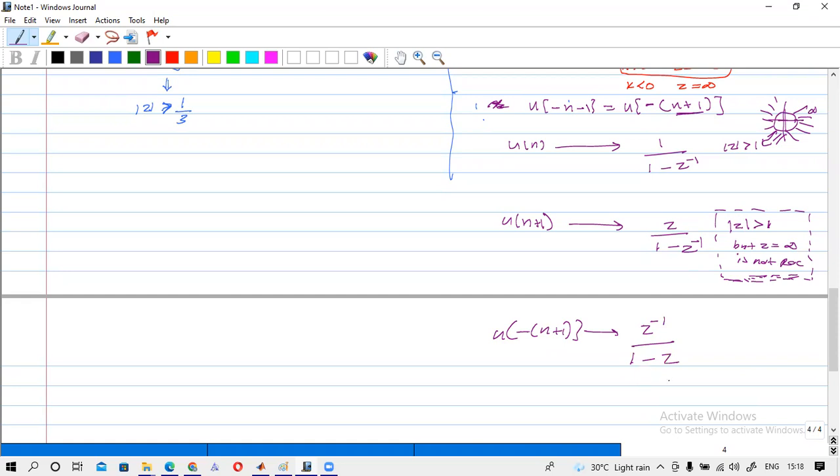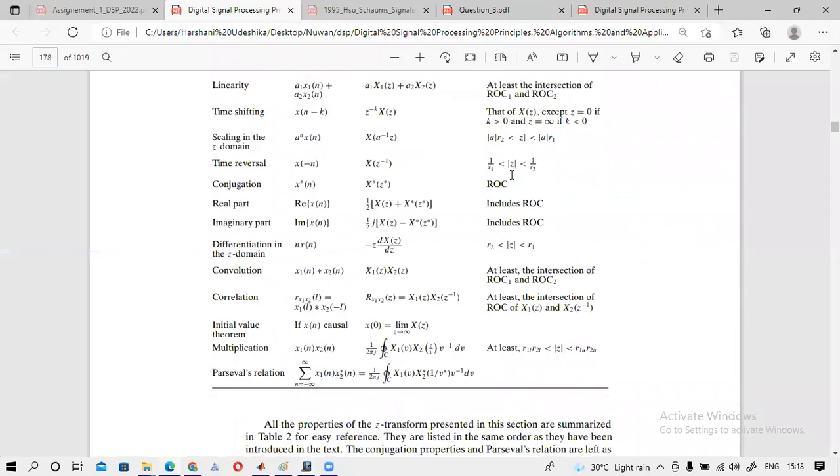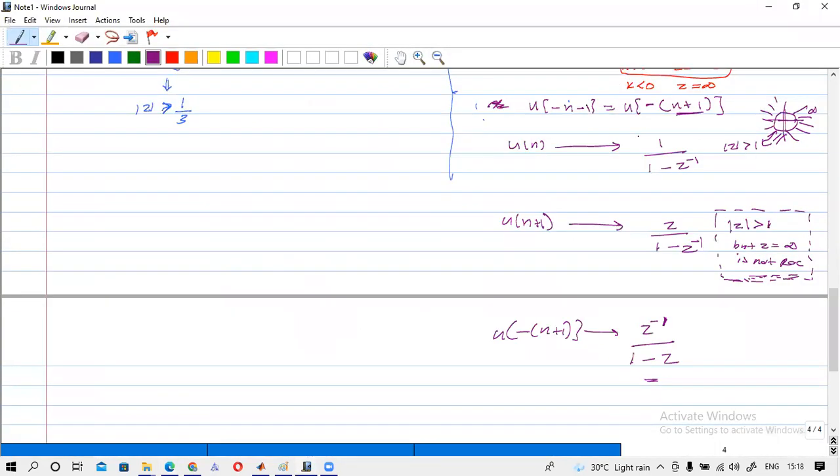And the ROC for the time reversal will be 1 by R1. I think we have explained this, so you can remember.